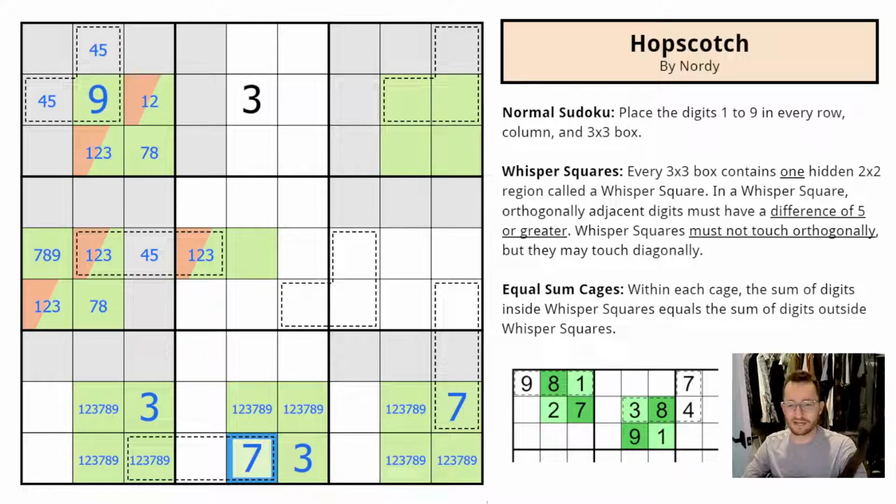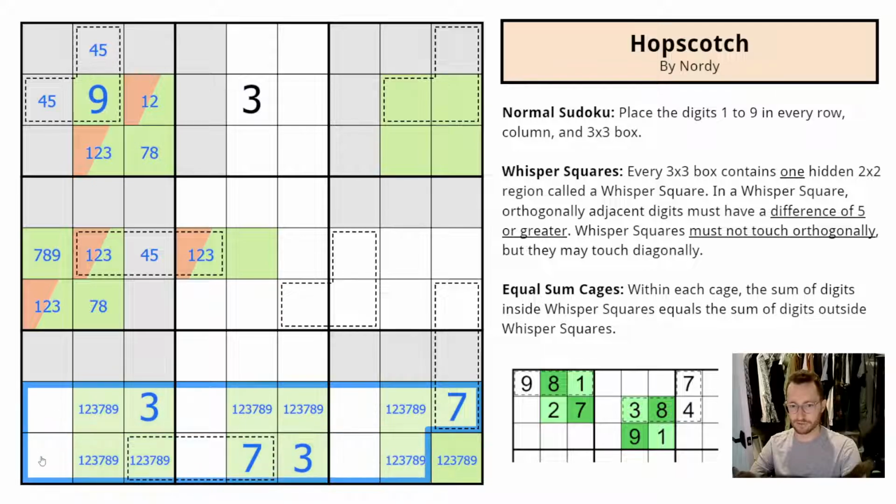But I think you get the idea, which is we're going to have to distribute the digits, but we're going to run into a problem when we distribute the 3s and 7s, because they're going to be forced into one whisper square together no matter how we try to arrange it. Someone could probably prove that mathematically and say it more eloquently than I did. But that's the problem with placing these in the same 2 rows.